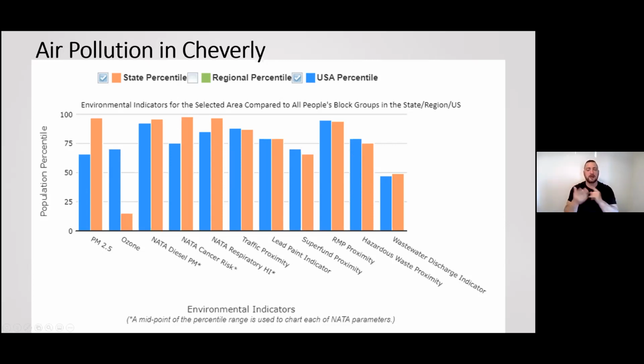So this is our way of getting community information from residents in Cheverly, the mayor and other people involved in the town council and other community members, and then pairing that with the scientific data that's available from agencies. However, this might not necessarily even be the full picture because, as Dr. Wilson was talking about, there are gaps in where this monitoring is taking place. Yeah, there's monitoring happening in DC, but then in terms of Prince George's County, there's monitoring that's happening up in Beltsville, and then there's monitoring that's happening down in Upper Marlboro, and that's about it, right?